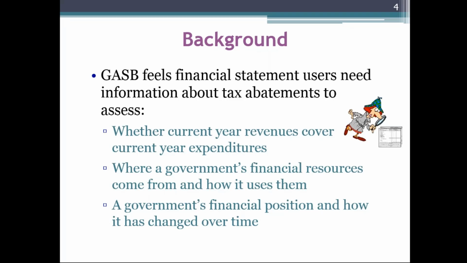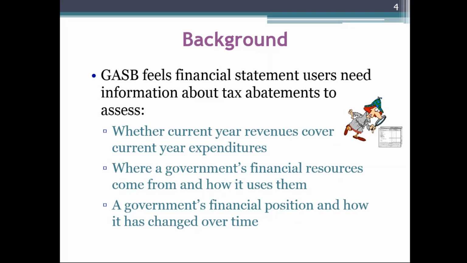As GASB deliberates GASB statements, they look at what's called a concept statement. GASB's concept statement number 1 has 3 categories that are impacted by tax abatements, and those 3 are listed on the slide. Whether the current year revenues cover the current year expenditures. How is this important?